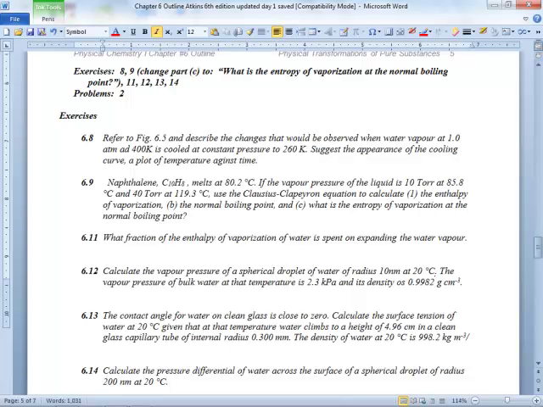You're starting at 400 and 1 atmosphere, going all the way down to 260. Are you going below freezing or do you stop above freezing?